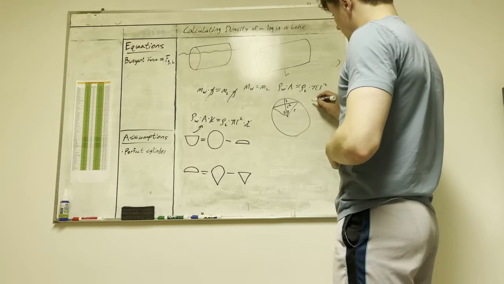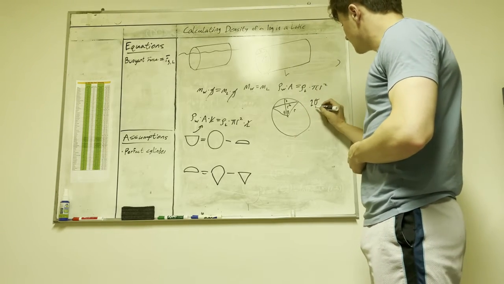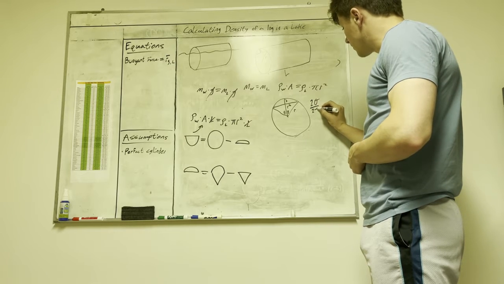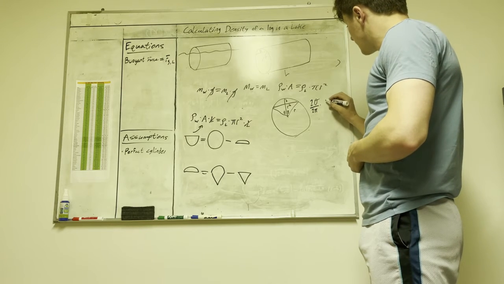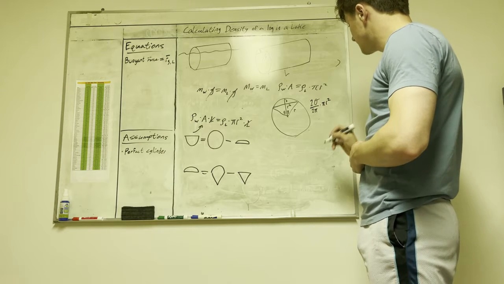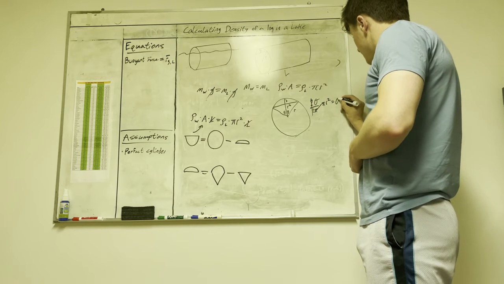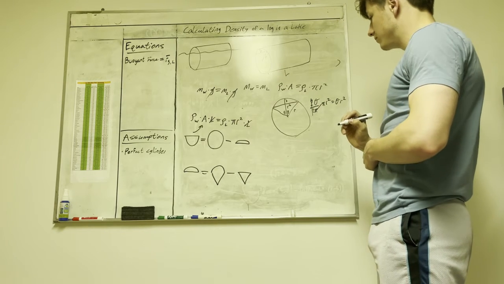We're going to have 2 theta, there's 2 of them, over 2 pi radians, so we divide by 2 pi, times pi r squared. So 2's cancel, the pi's cancel, and this is equal to theta r squared.